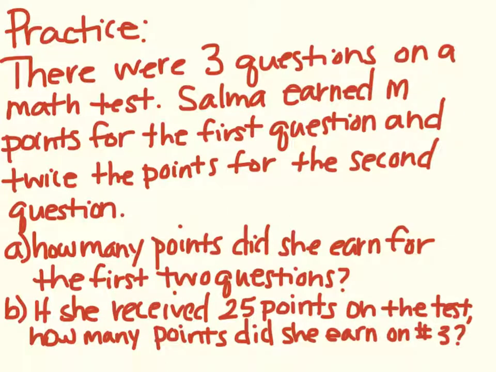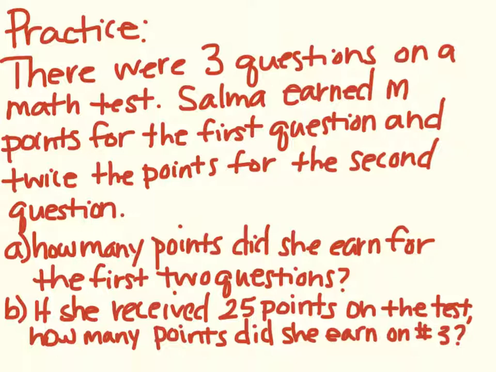Here's your last practice problem for Chapter 7.5. It's another one of these really fun logic problems. There were 3 questions on a math test. Salma earned M points for the first question and twice that many points for the second question. Part A asks, how many points did she earn for the first 2 questions?